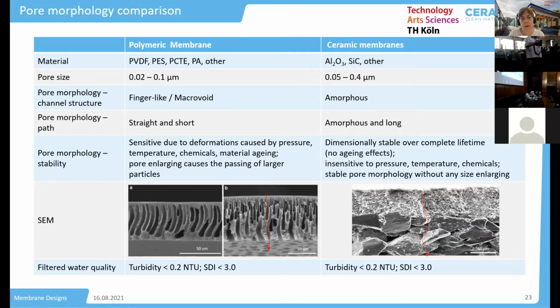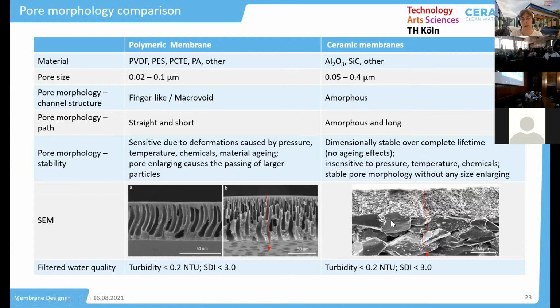They are sensitive to high pressure, pressure changes, because you can press them together like a sponge. And when you increase temperatures, these materials become weak and the pores can grow. And even larger particles may come into this membrane and enlarge the pores due to this growing of the membrane pores with increasing temperatures. Those polymeric membranes are sensitive to material aging.